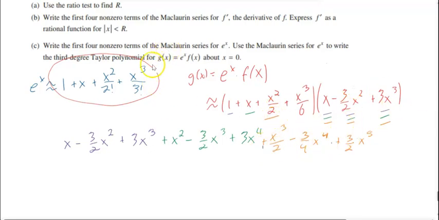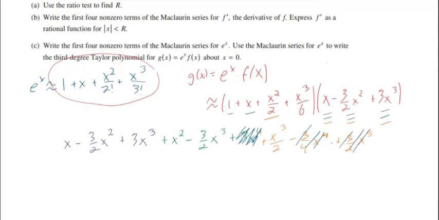Now, look, it says find the first 4 non-zero terms. So what does that mean? Sorry, take that back. It says third degree. So that means I don't need to consider anything that has more than an x cubed in it. So this one I can ignore because it's x to the fourth. This one I can ignore because it has x to the fourth, and this one I can ignore because it has x to the fifth.